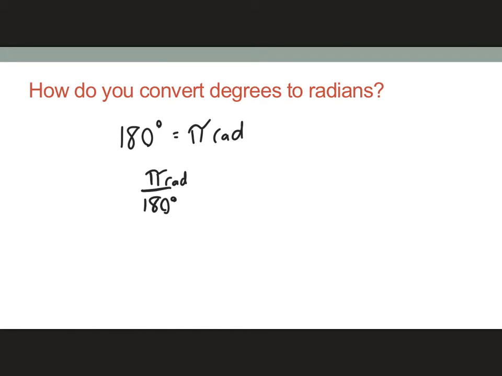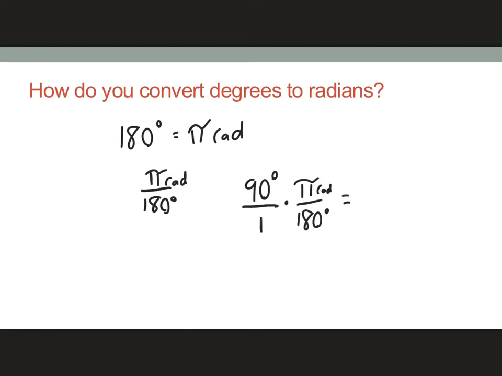So if we want to convert 90 degrees into radians, we multiply that by pi over 180. And remember, the top is radians and the bottom is degrees.